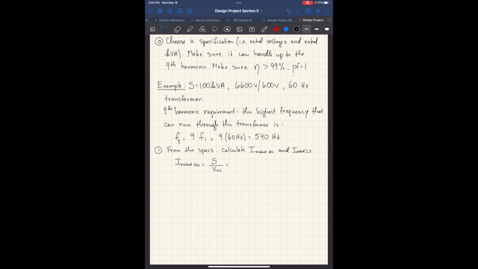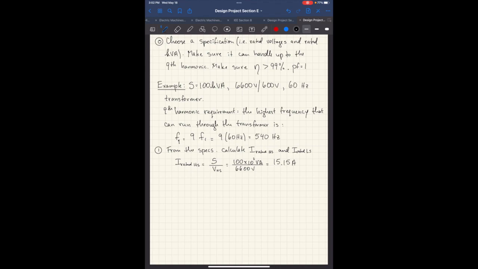So S, we have here 100 kVA, so times 10 to the 3 volt-amperes, divided by V high side, which is 6,600 volts. And when you punch the numbers in, you're going to get 15.15 amps.